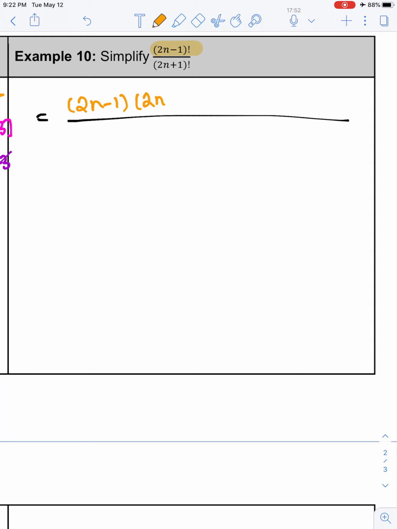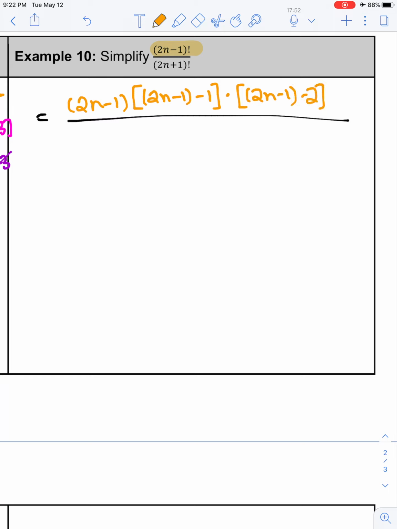So kind of staying with the notation that I was using earlier, I'm going to go ahead and say take that number in the factorial and subtract 1. Then we'll multiply by that number in the factorial minus 2.